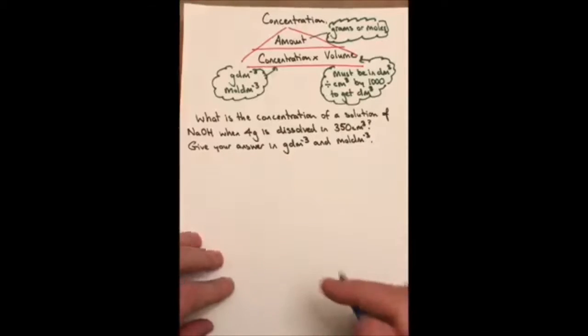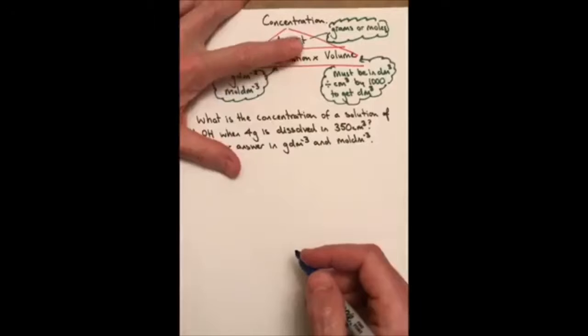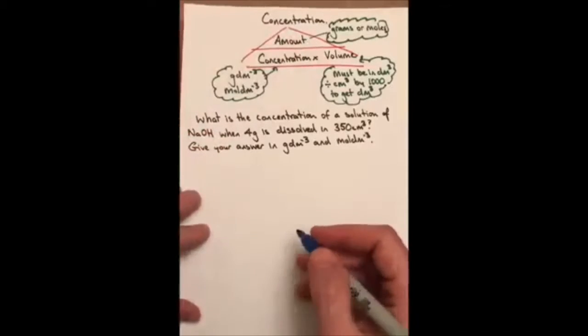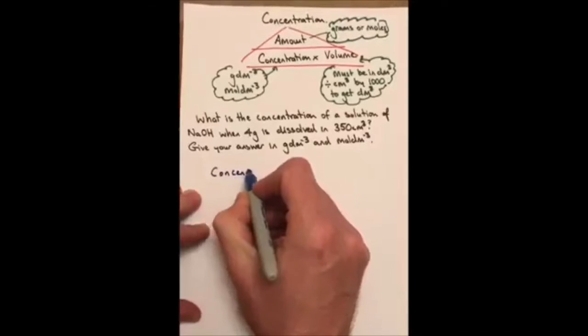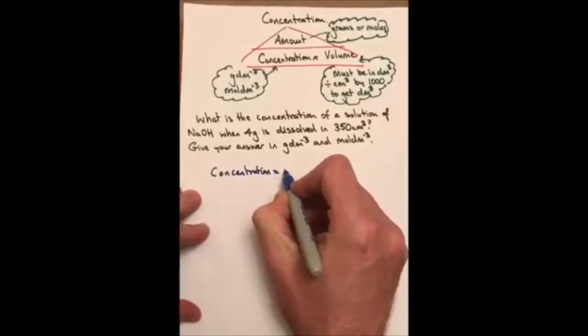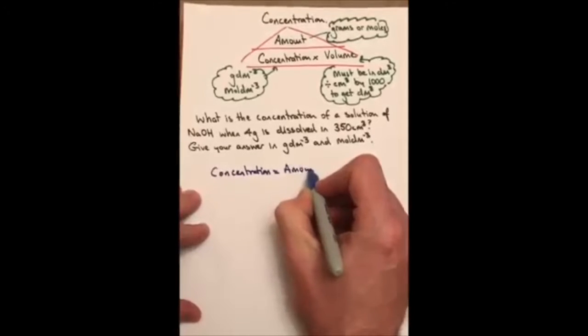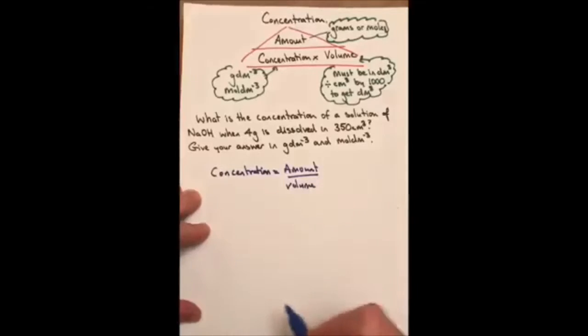Because the question is saying find concentration, I'm going to cover this over, and concentration is the amount divided by volume. So on my sheet here, I am going to write that the concentration equals amount divided by volume.